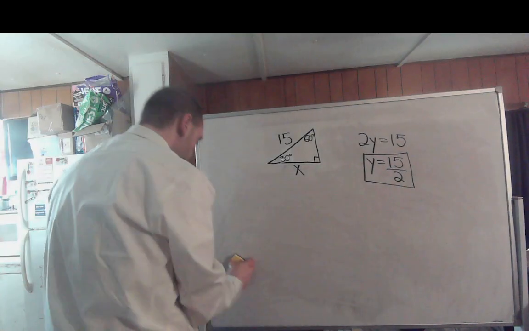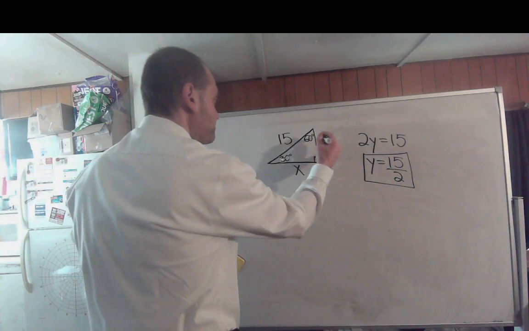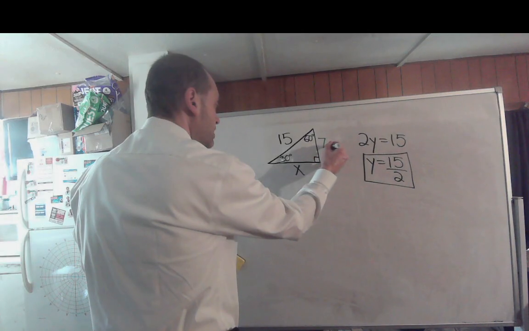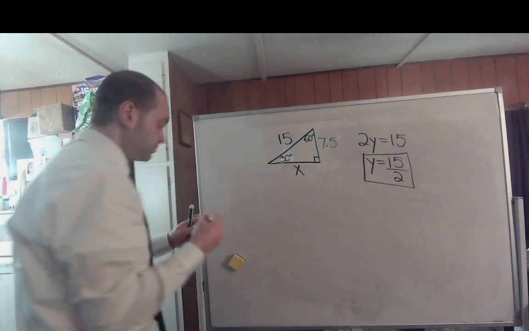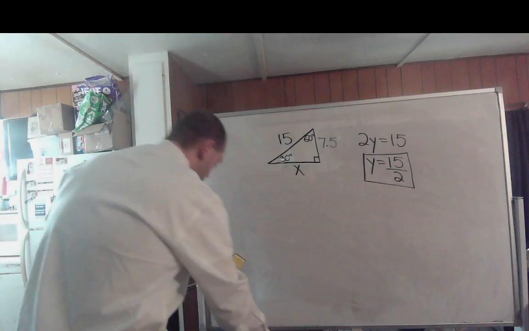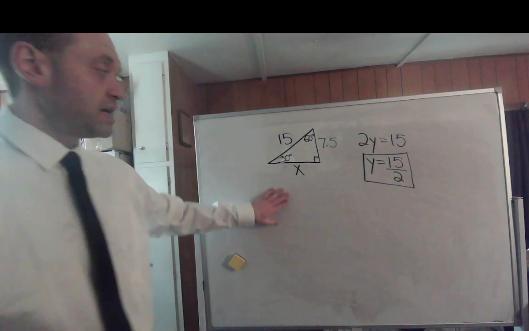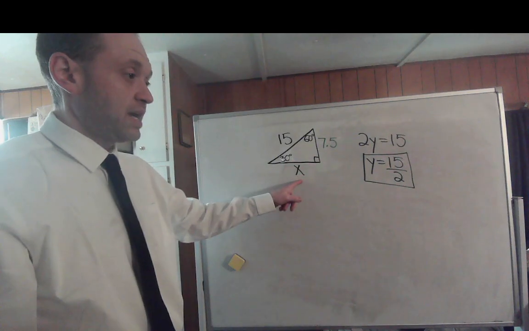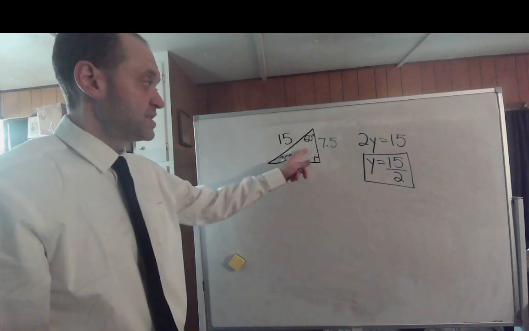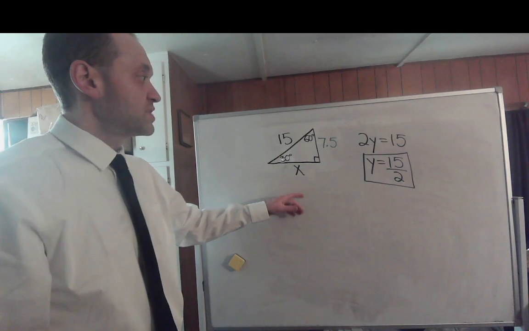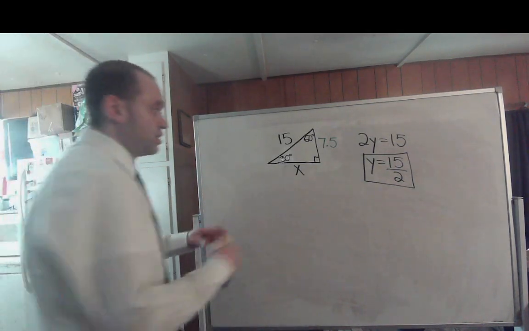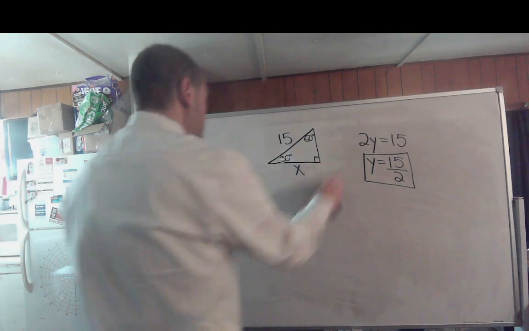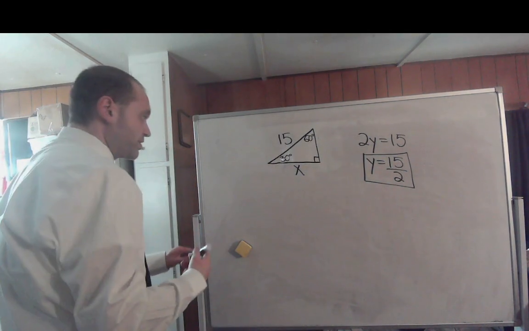Let me put that in green since we solved for it. Now, we can find x because that's opposite the 60-degree angle. What's true for the side opposite the 60-degree angle? It's the square root of 3 times as long as the shorter leg from the 30-degree angle.